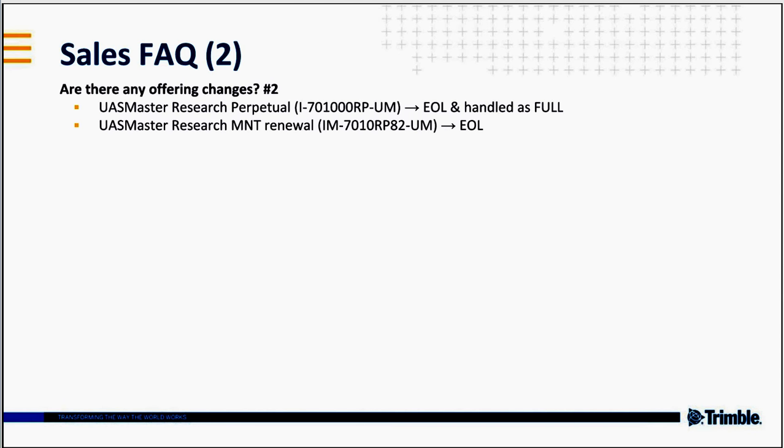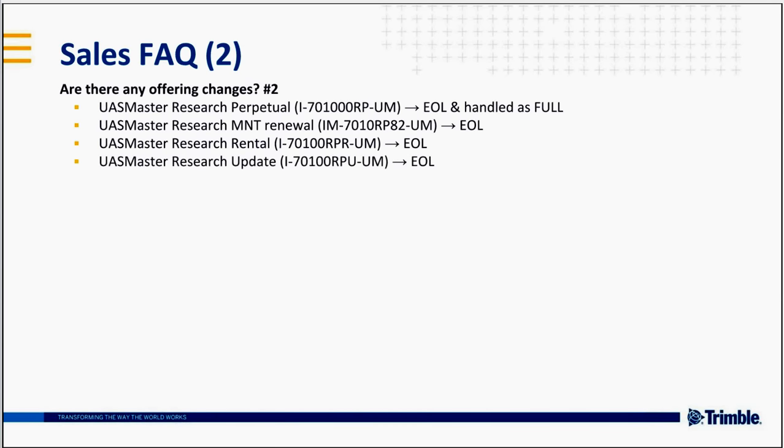That means also the maintenance renewal will not be possible anymore with the new release, and also the rentals of the research license will not be available. And of course, the update of the license. That means research is not there anymore with US Master 9.0.